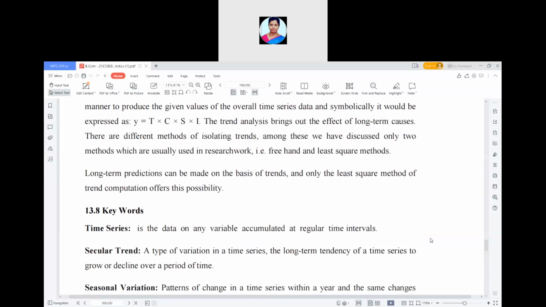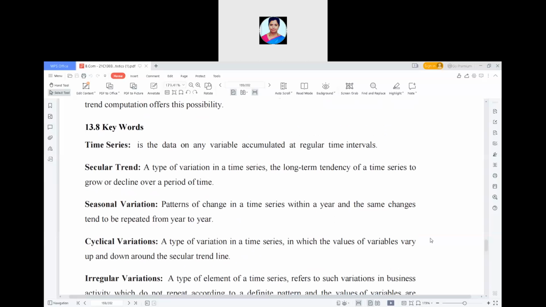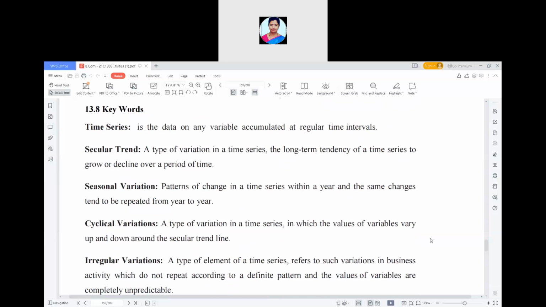So the keywords we have are time series, secular trend, seasonal variation, cyclical variations, and irregular variation.